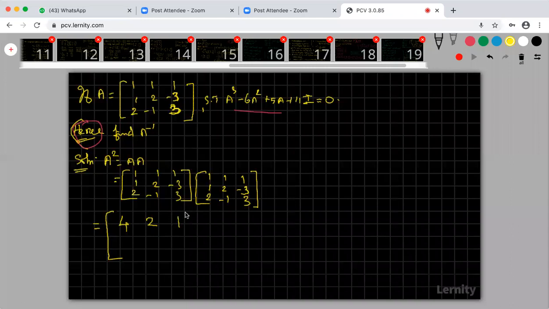That's why I am writing directly, because we have already discussed many problems on matrix multiplication in the third chapter. Okay, and second row by third column means this is 1, this is 2, this is minus 6. So therefore 1 plus 2 it is 3, minus 6, so 3 minus 6 means it is minus 3. Okay, and this is 1, this is 4, 5, this is plus 3.